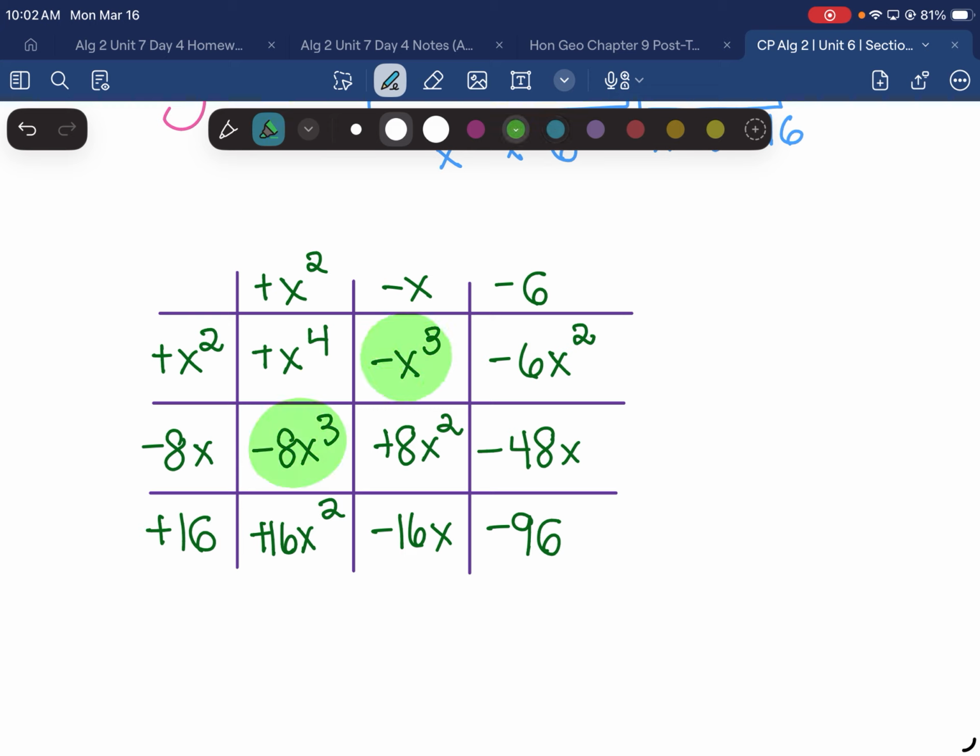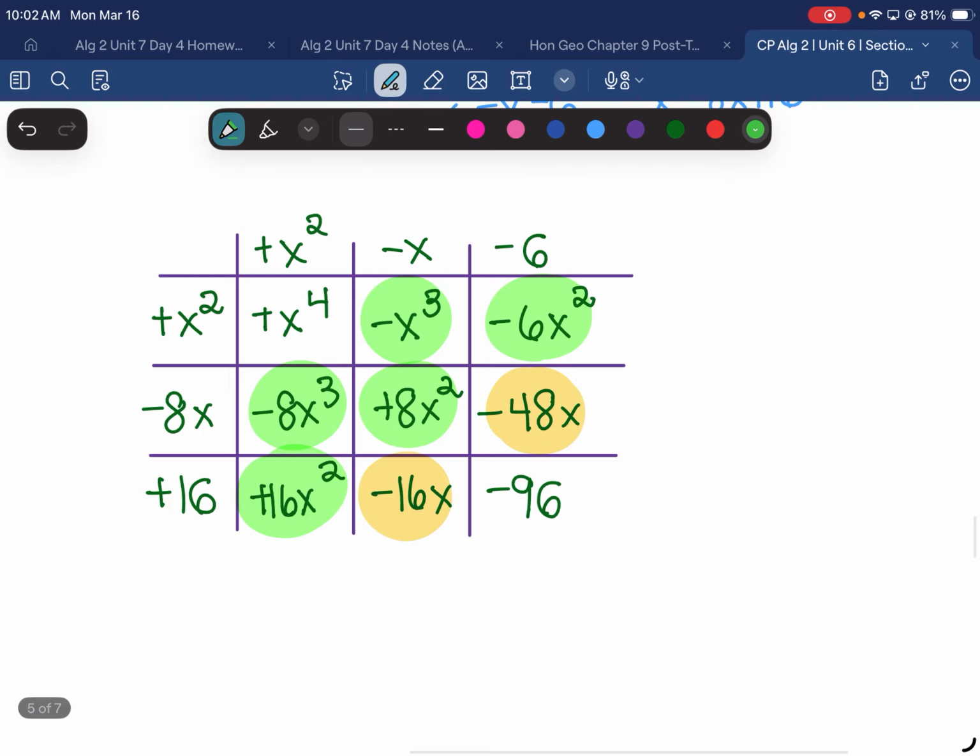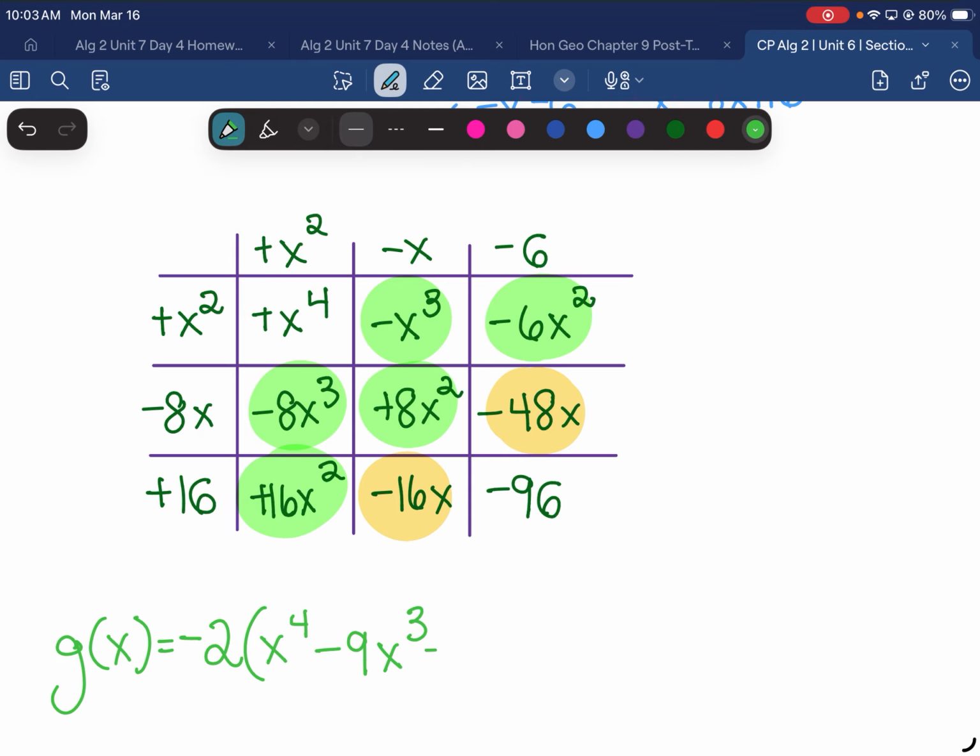I would recommend using a highlighter to highlight your like terms because we have a couple of them here. Double check my mental math there.